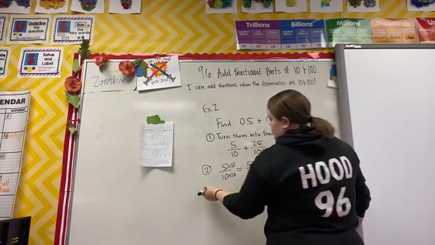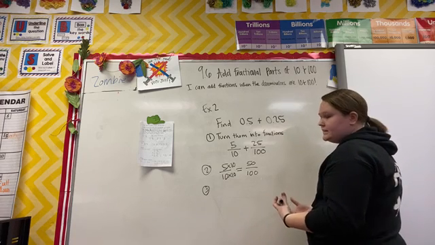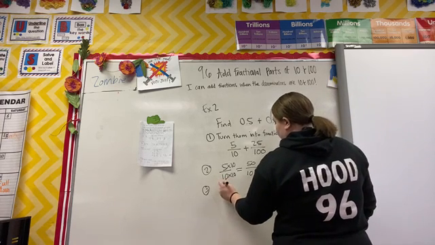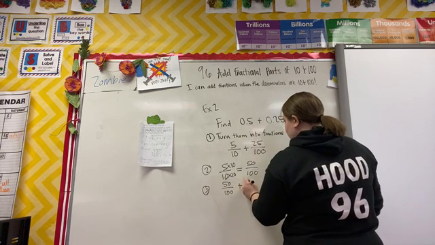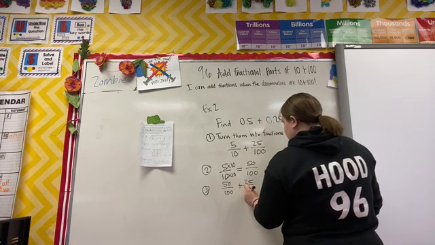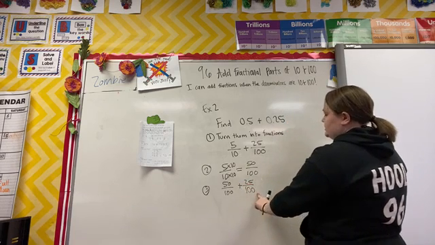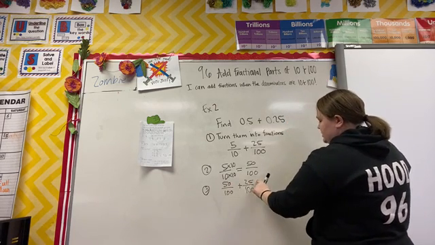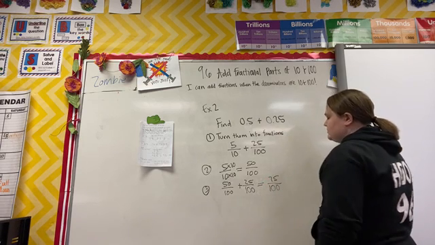Then step number 3, I can just go ahead and add these together now. I have 50 hundredths plus 25 hundredths. Not 25, 25 over 100. 50 plus 25 is 75 over 100.